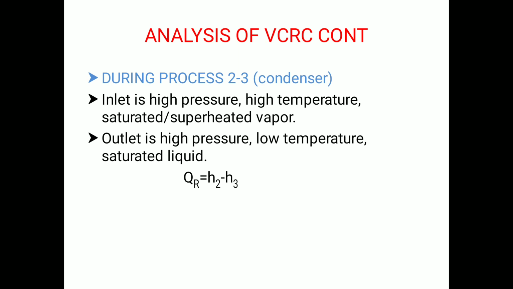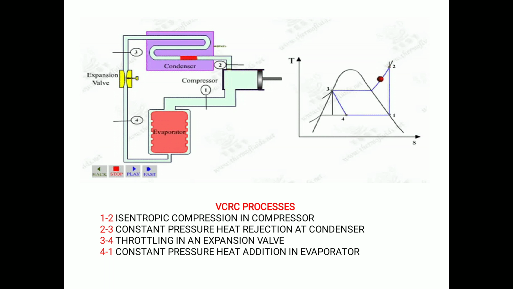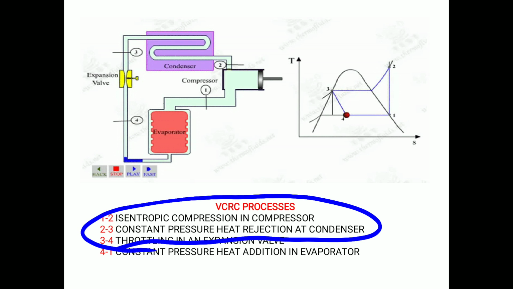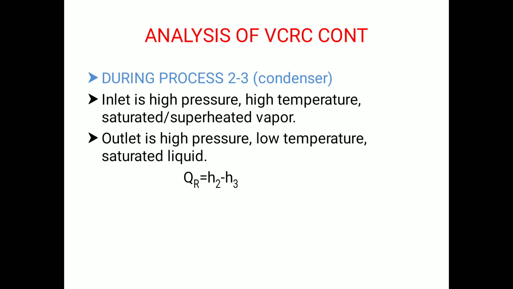Process 2 to 3 will happen in the condenser. We already know process 2 to 3 is constant pressure heat rejection in a condenser. So if you try to understand the inlet and outlet condition of refrigerant, the inlet is high pressure, high temperature vapor.